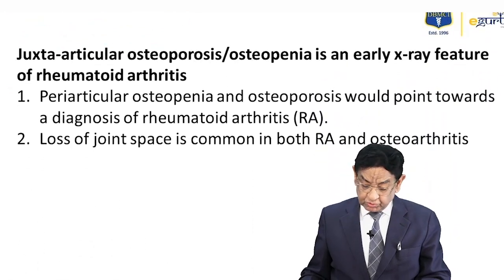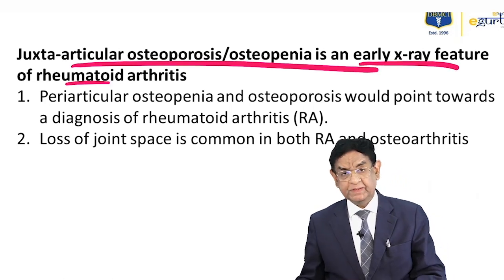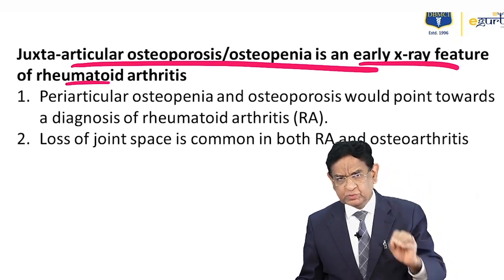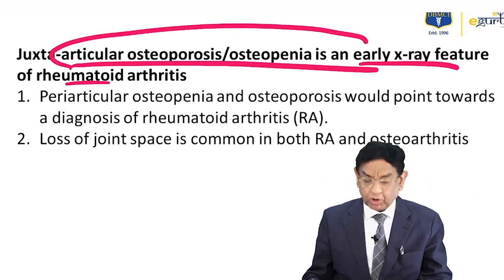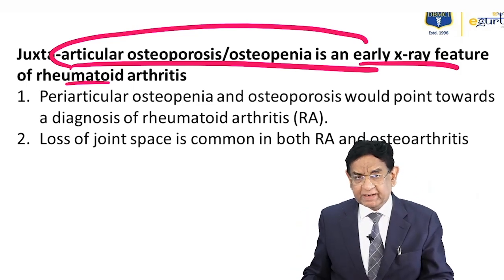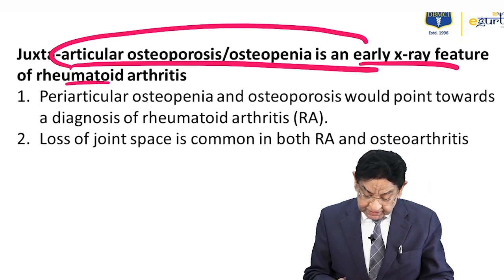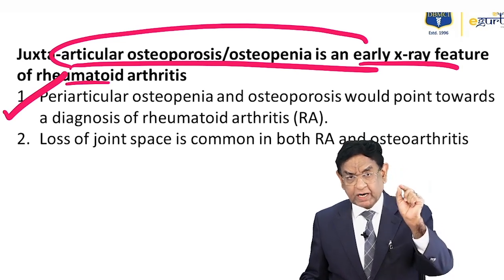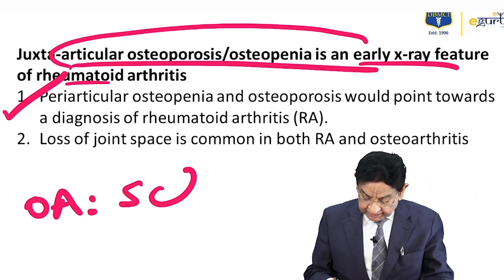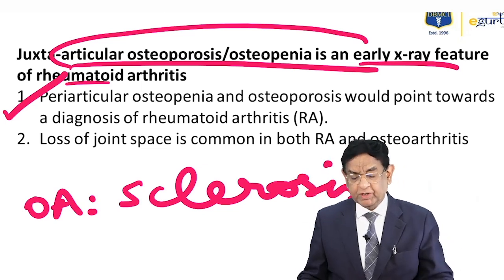Okay. So juxta-articular osteopenia is the earliest X-ray finding. When you take an X-ray, I told you one of the earliest is soft tissue swelling, and you can soon find that around the joint there is osteopenia. If you take an X-ray, you find that some osteopenic changes are there. This is a classical finding because in osteoarthrosis, sclerosis occurs, while osteopenia occurs in rheumatoid arthritis.